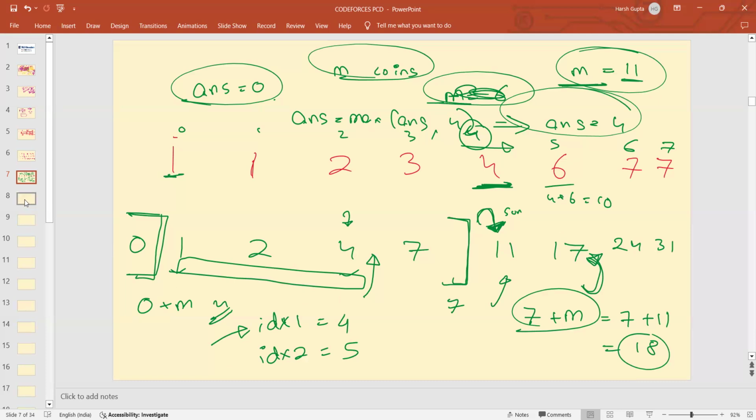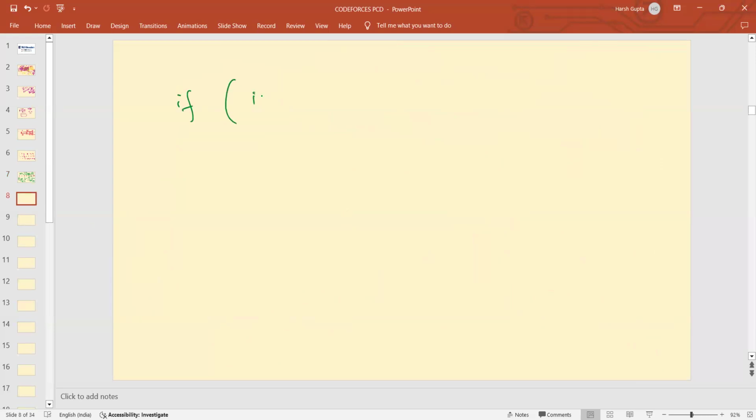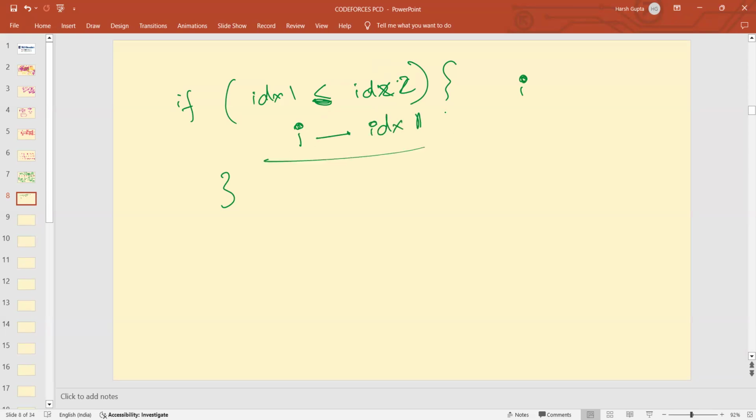So you will just keep a check that if index 1 is lesser than or equal to index 2, in that case the maximum index till which you can go, you are standing at I, so you can go from I to index 1, isn't it? But if this is not the case, you can go from your starting point till index 2.